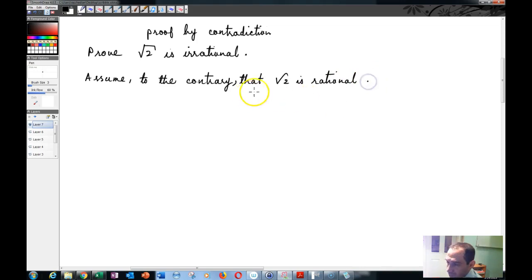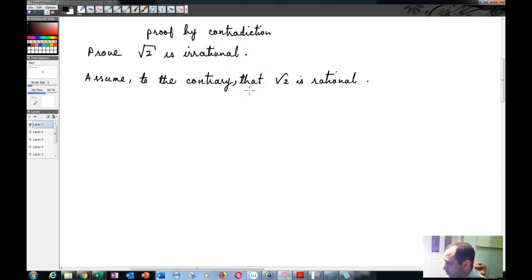Okay, and before we go through the steps, the steps are usually chosen in such a way that you can create some sort of contradiction that somehow contradicts your assumption.